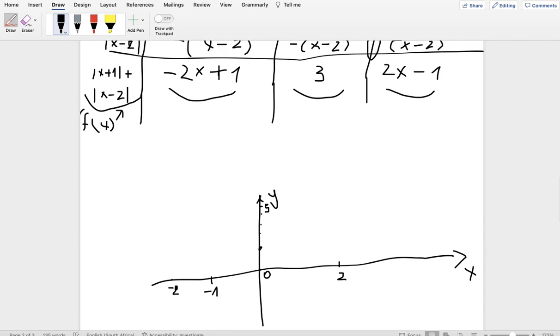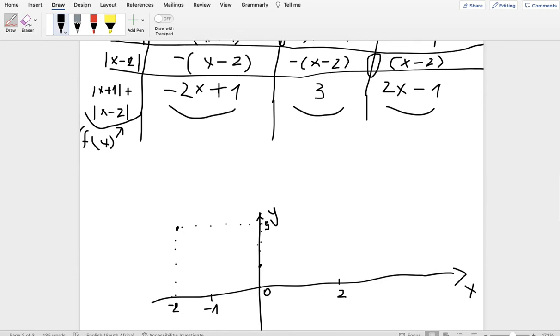So you have that for x equal to -2, they meet somewhere around here. And then we also proved that it meets there.